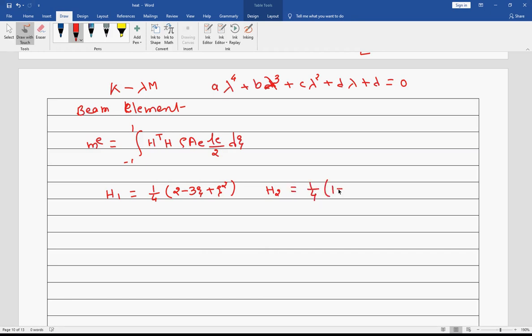So it is 1/4, 1 minus psi minus psi square plus psi cube. Okay, then I'm going to write H3 now. H3 will be equal to 1/4, 2 plus 3 psi minus psi cube.